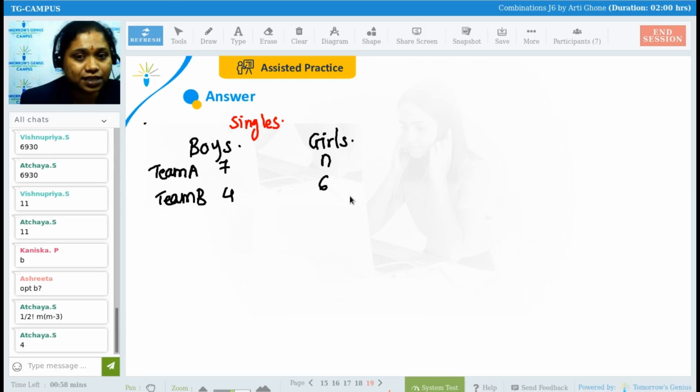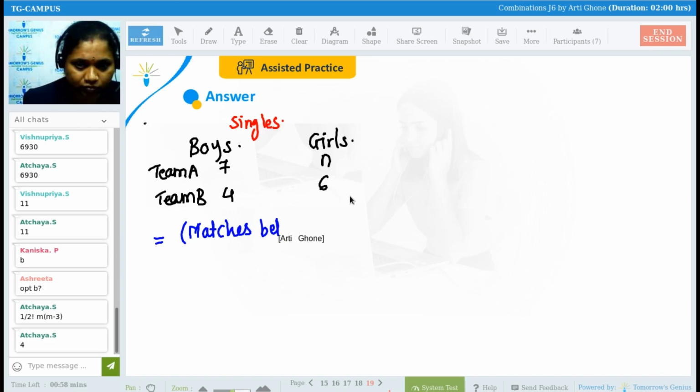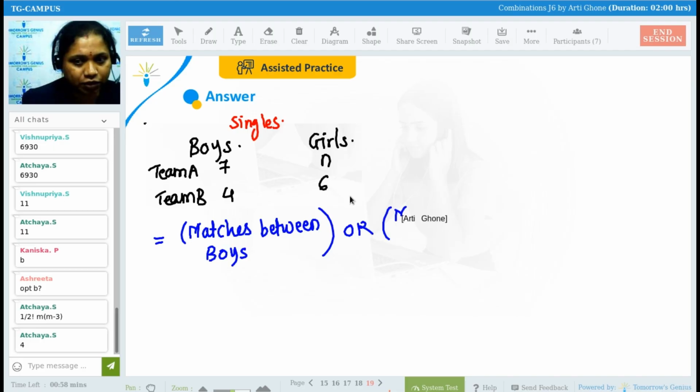Clear? So what is the first meaning of the matches arrangement? Either matches between boys or matches between girls. Clear? This statement is clear.